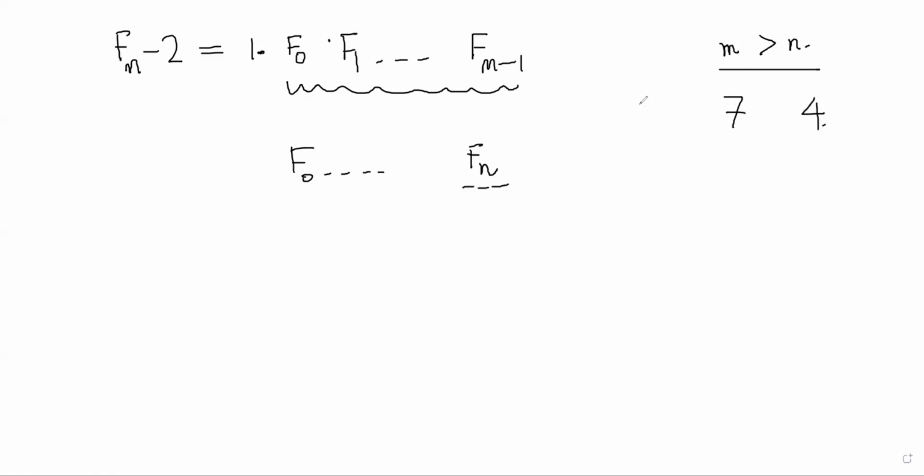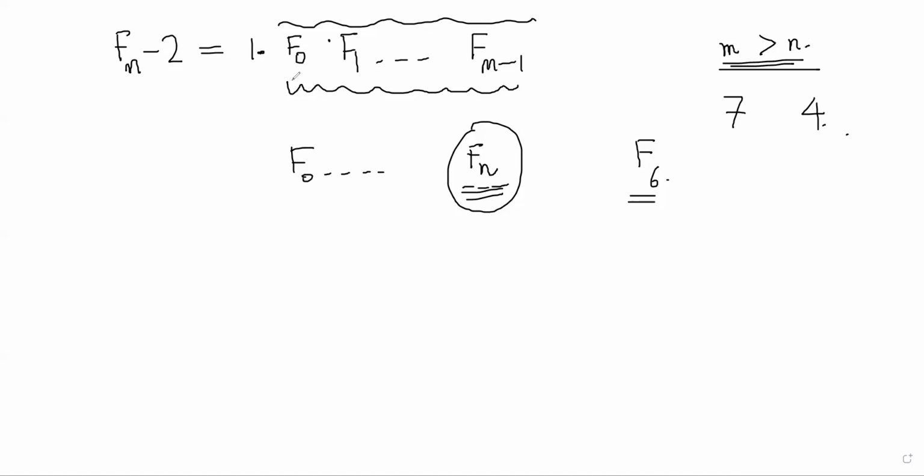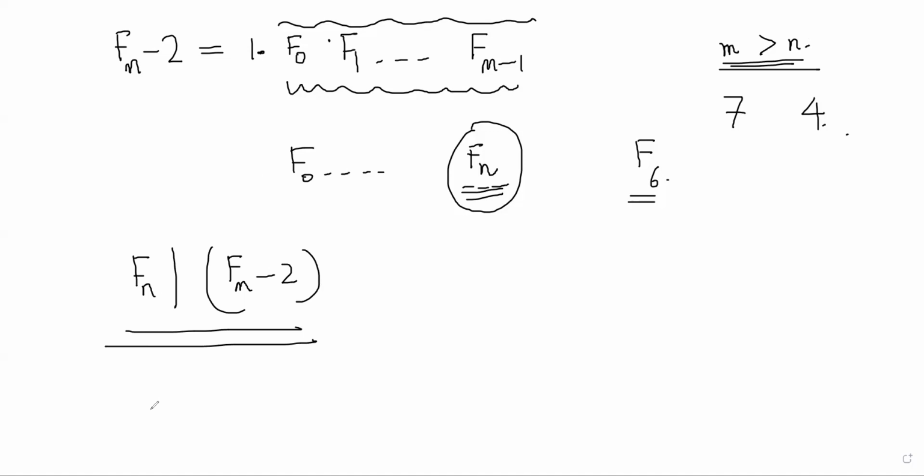You are going till m minus 1, so somewhere f of 6 would have come here. So f of n, which is f of 4 here, would have appeared in the sequence of f's. The idea is that because m is greater than n, f of n appears in the sequence, and that just means that f of n divides f of m minus 2. So that completes our proof here.